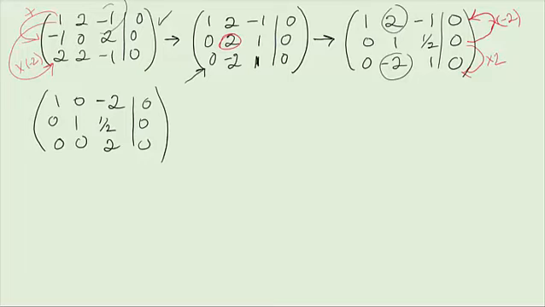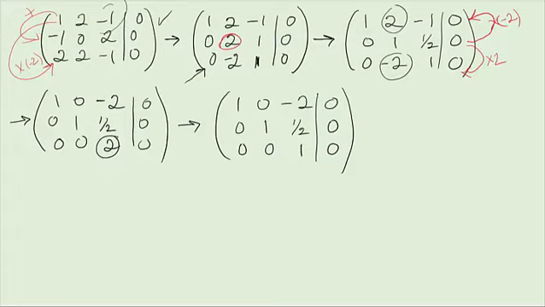Notice we made all of the entries in the second column 0 except for in the second row. All right, so now I need to get a 1 right here. So I'm just going to multiply that row by 1/2, getting this new matrix.